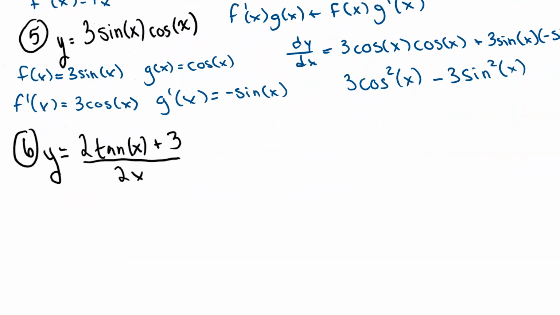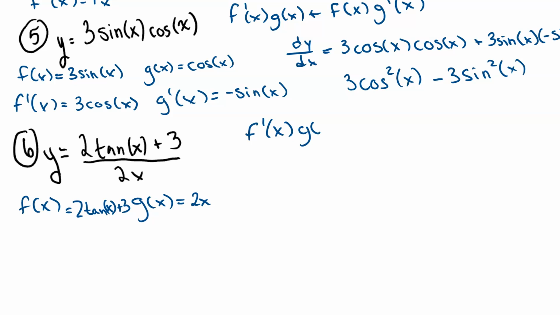All right, and then lastly, we've got a quotient rule. Our numerator is f. Should have given myself more space. And our denominator is g. And our equation is the same as the product rule, f prime g, except it's got the difference, and then it's divided by the denominator squared.